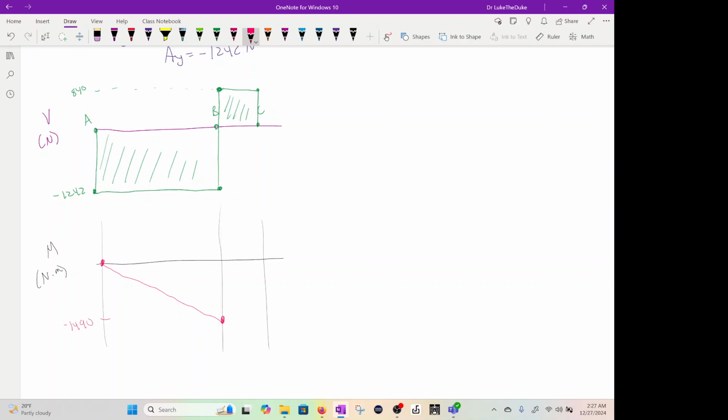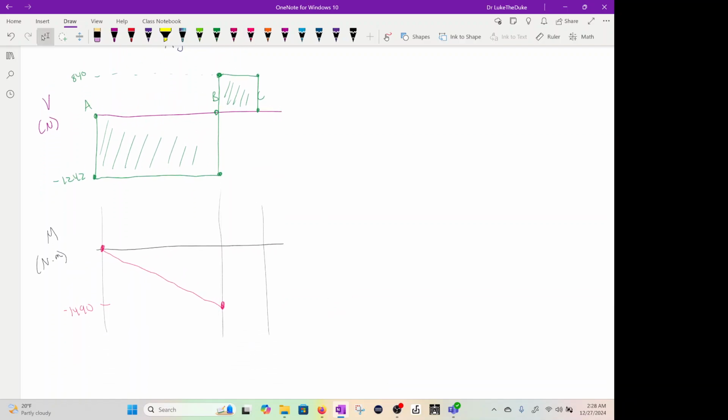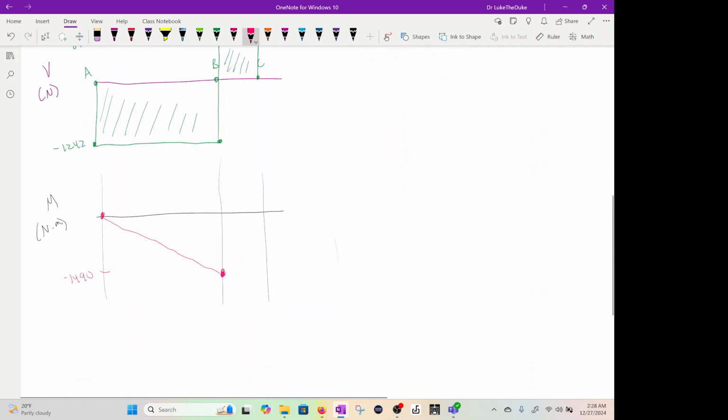All right, and let me double check. I'm pretty sure that's what I had in my calculator. Let's see, it was negative 1242 times 1.2. Yep. So 1242 times 1.2, because I converted it to meters. And then take the area from B to C, which is positive, so that's 840 times, what was that distance? 0.4.